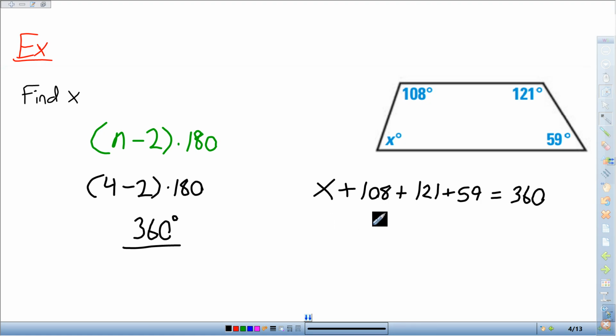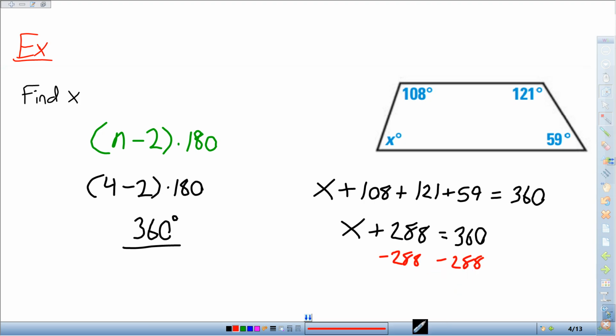From here, it's just simplifying and then solving. I can combine 108 plus 121 plus 59, and it looks like we're getting 288. So I have x plus 288 on the left, and on the right, 360. Now we can solve for x by subtracting 288, and x is going to equal 72.